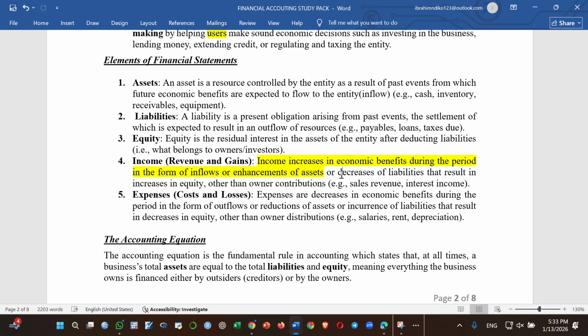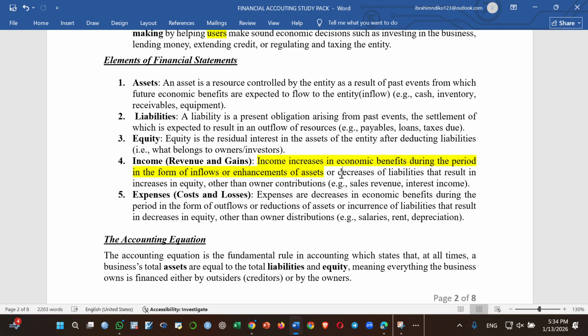When we sell those products to the customers, in exchange for money from the customer, that money is what we call the income. So income is an increase in economic benefit during the period in the form of an inflow. Inflow means money in, or enhancement of an asset is what we call an income.